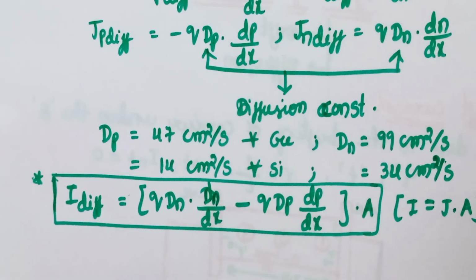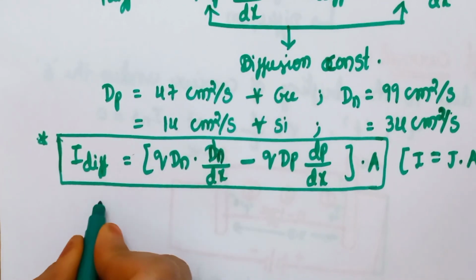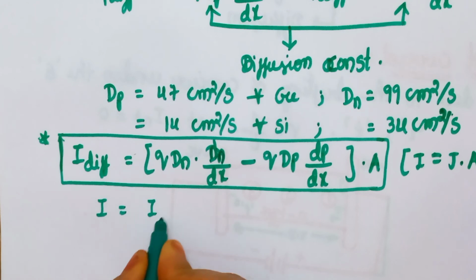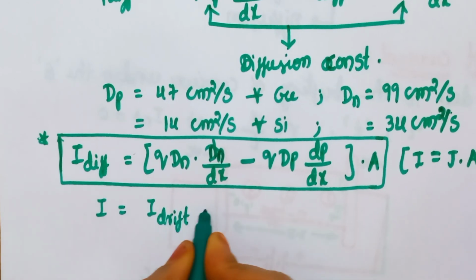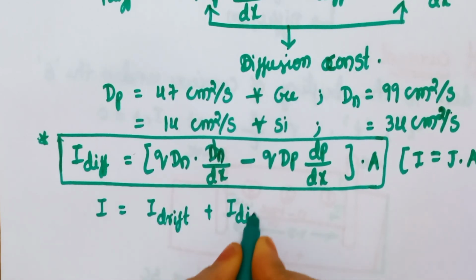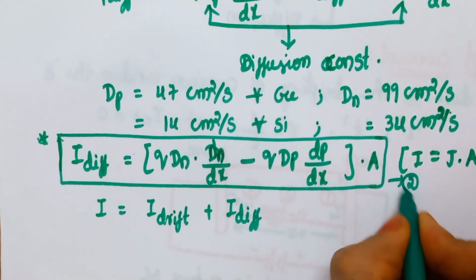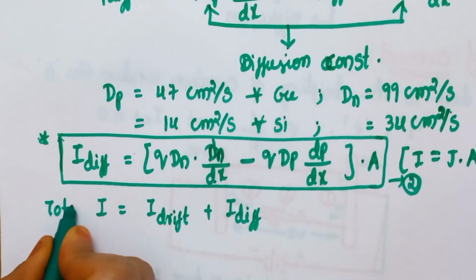The total current is a sum of the drift current and the diffusion current. So I is equal to I drift plus I diffusion. Let us take this as equation number 2. This is the total current.